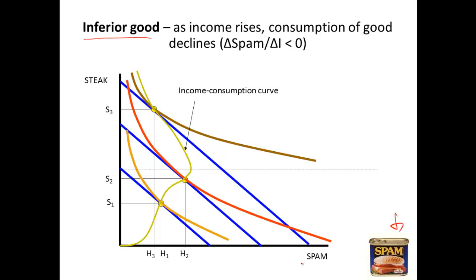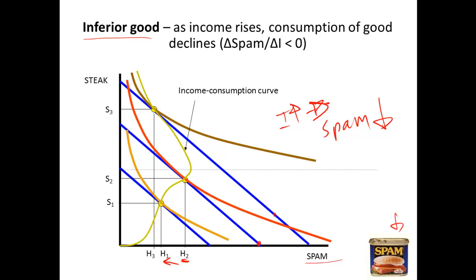Spam is depicted on the horizontal axis, and you can see that for some levels of income, for example, as income goes from the intermediate level associated with this middle budget constraint to this high level of income associated with this budget constraint, the quantity of Spam chosen goes from here to here. So income goes up, but Spam goes down. So that's what we define as an inferior good.